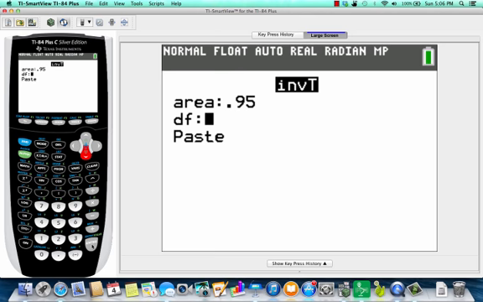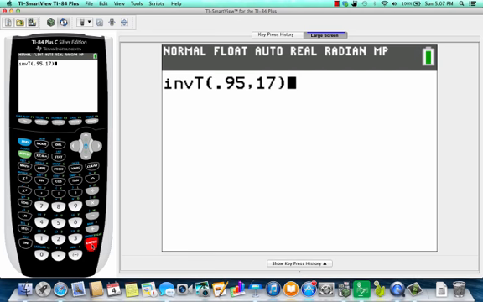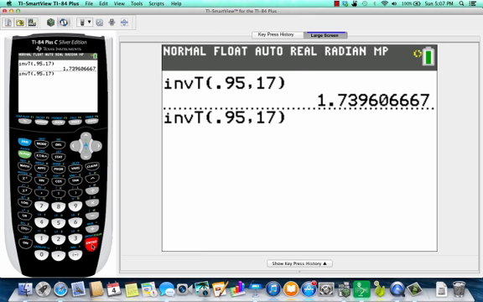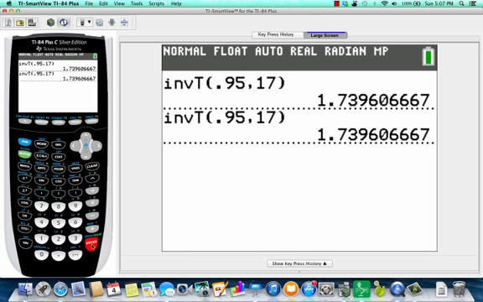Then degrees of freedom, it said in the problem, was 17. And we get 1.739, where the first time from the table we got 1.74. So that would be pretty much right on.